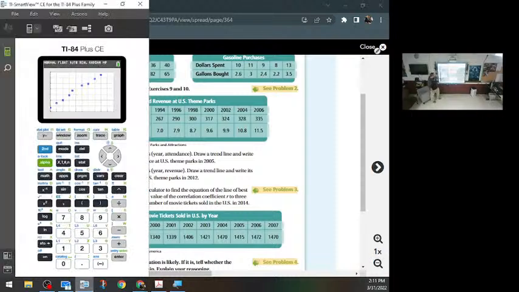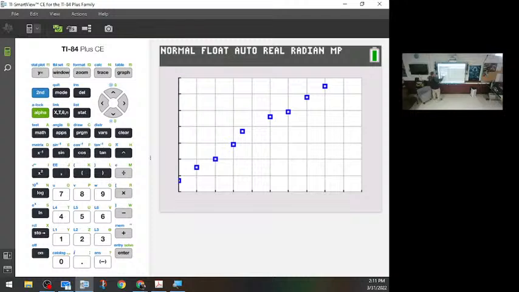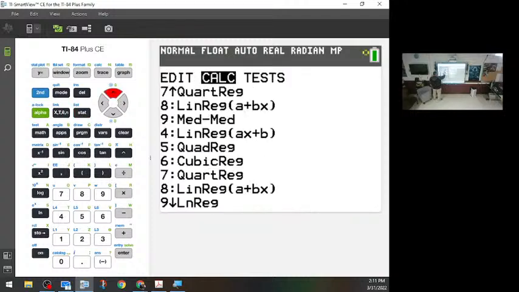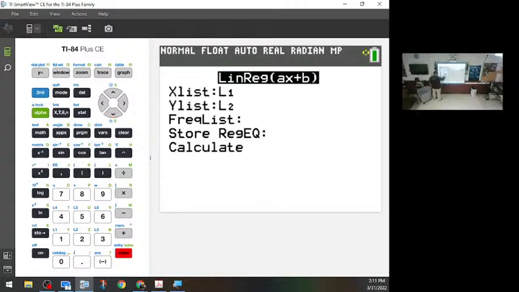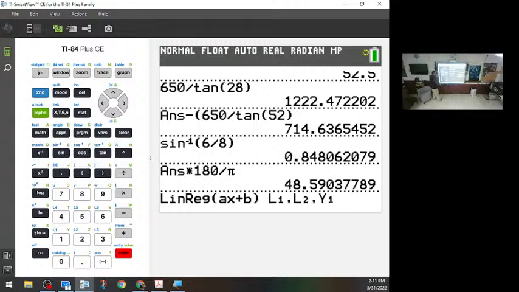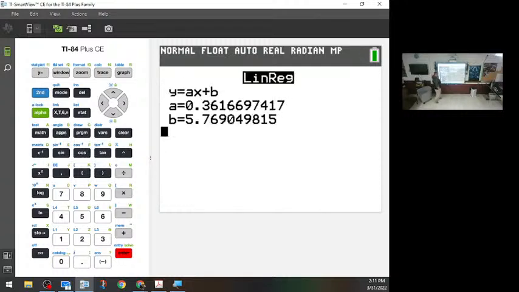So just to give you an example of how that works, I would calculate. You should have a line that was close to a third. You should have had y is about 0.35x plus 5.8.